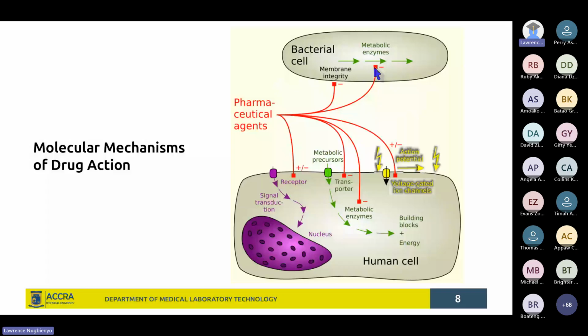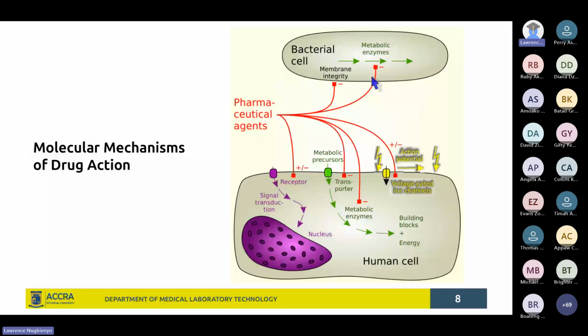So when it inhibits it, it sort of slows down or stops the growth of the bacteria. It doesn't result in the death of the bacterial cell, but the growth and even proliferation, reproduction of the bacterial cells will be inhibited. So you can have that pharmaceutical agent acting on the invader in these two ways.